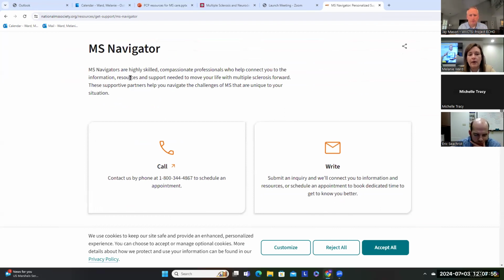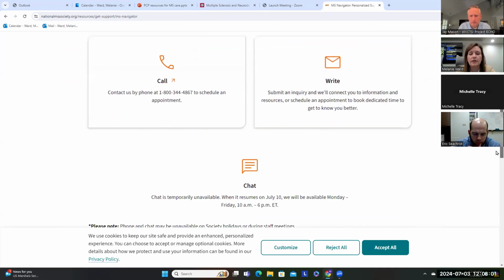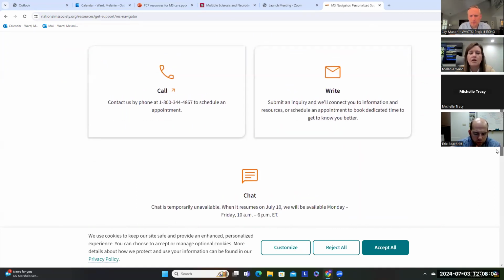This talks a little bit about what the navigators do, and then there's a phone number and email contact information. So patients can call that number. It's also possible for providers to refer patients to that program, but I usually think it's easier for the patient to get in touch with them themselves, because then it's on their time.